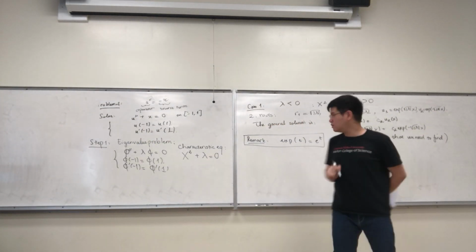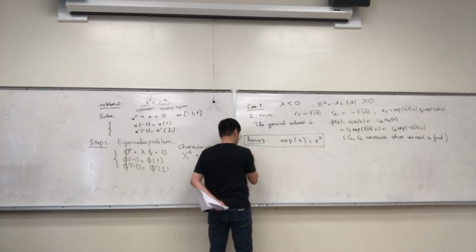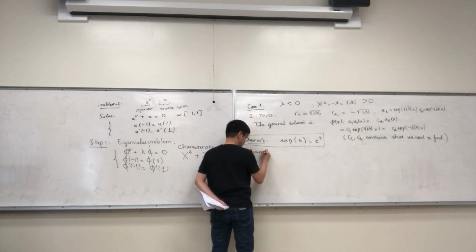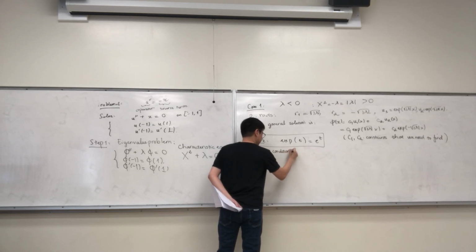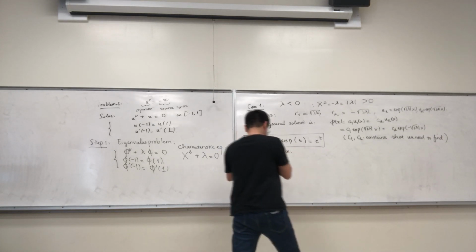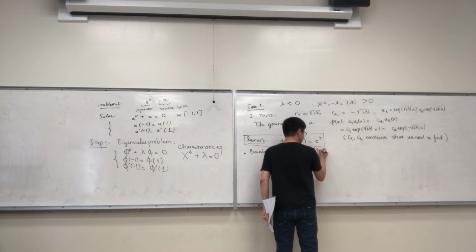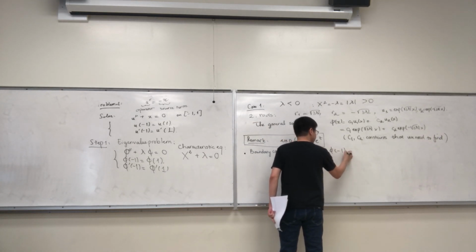All right? So now you're going to use the boundary condition. The boundary condition is phi of 1 is equal to phi of minus 1.